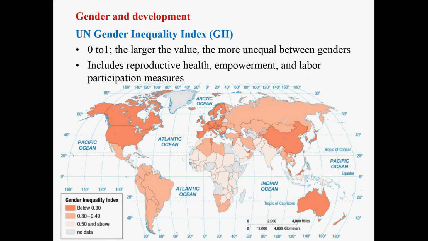Empowerment refers to to what extent females have the opportunity to become leaders of the country, to become leaders of business as well. Labor participation is very clear, to what extent women have opportunity to get employment in economic sectors.